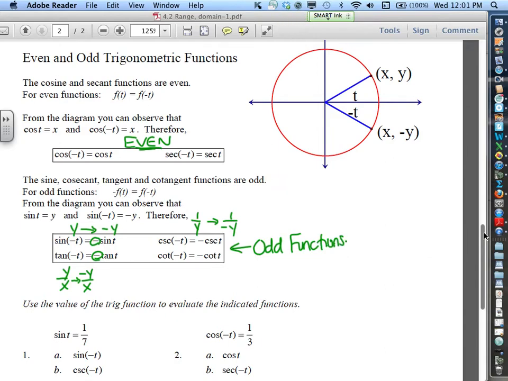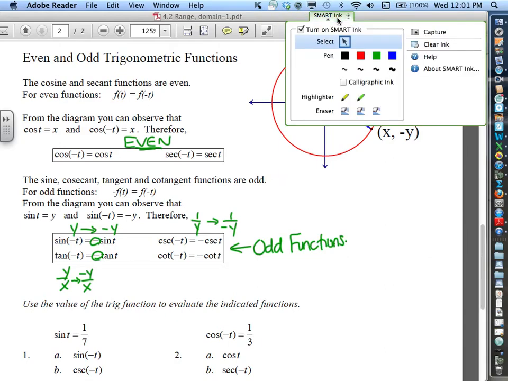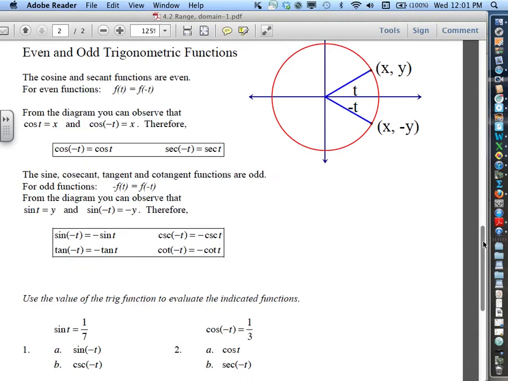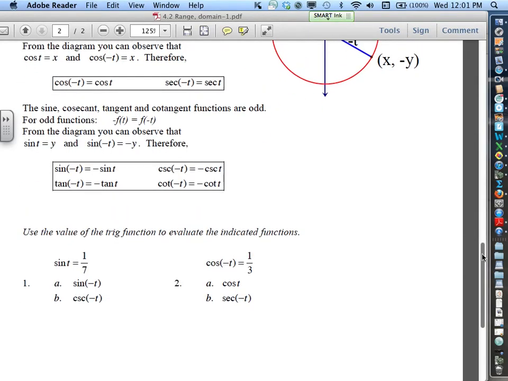What that will allow you to do in some of the problems is use those identities. Say the sine of t is 1/7. Using the identity, sine of negative t equals negative sine t. If I know sine t is equal to 1/7, negative sine t would be negative 1/7.